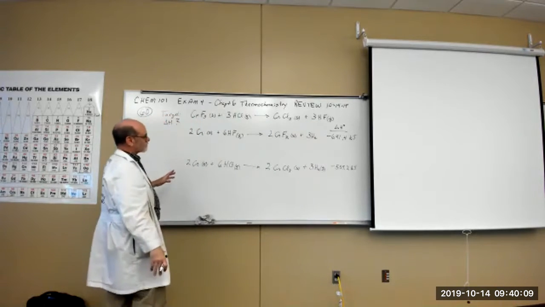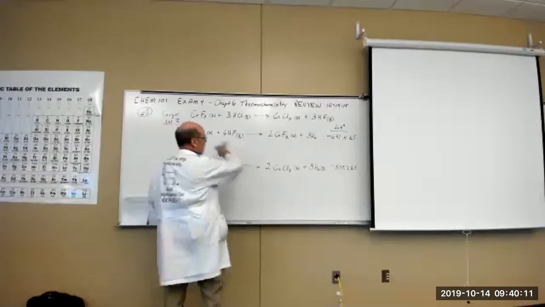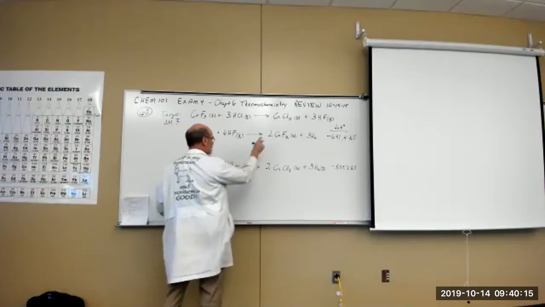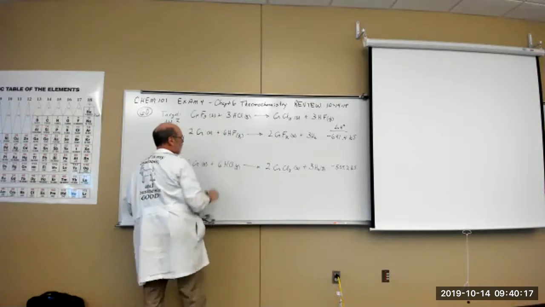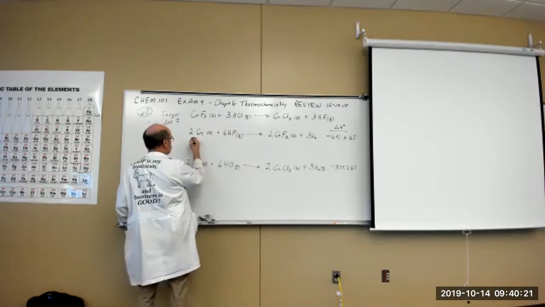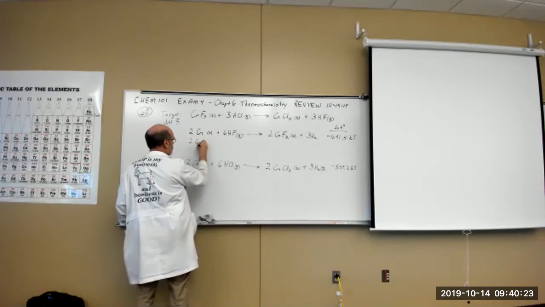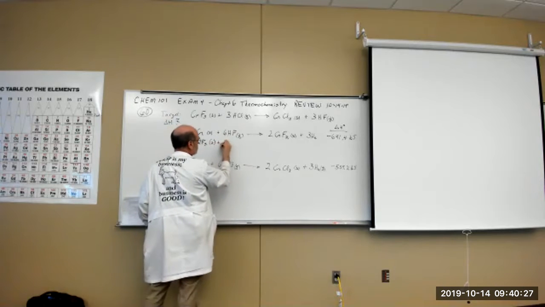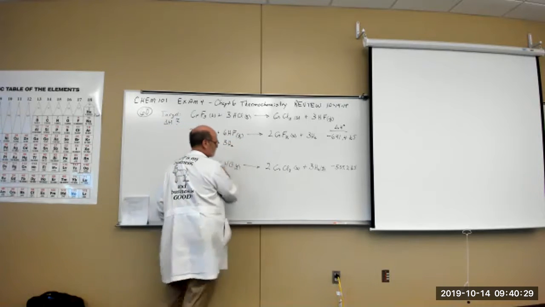Okay? So you have to flip the equation. Make that the reactants, and these are the products. Okay? So you do this. CrF3 plus H2. Let's see, that's the gas.